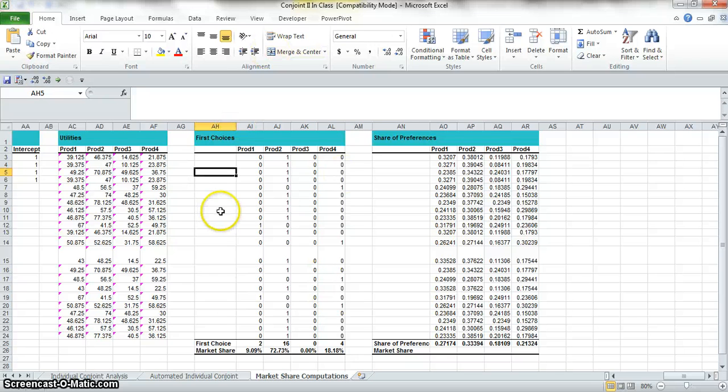If you have to deal with this first choice method or the share preference method and you get confused, just download that Excel document from Blackboard, unless you saved it and followed along in class, and hopefully that will be a guide to you in completing any problem dealing with that.